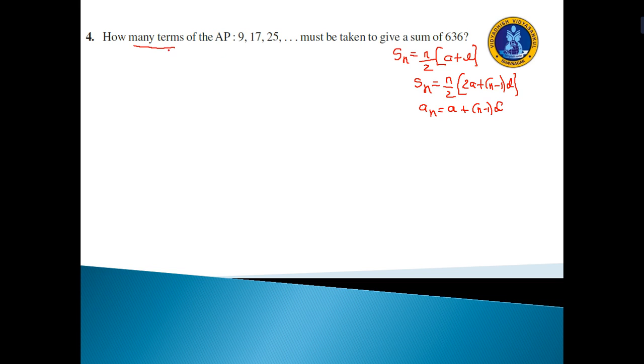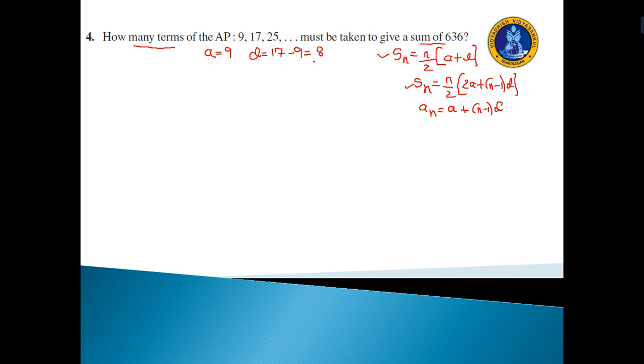But here, when the sum is given, either I have to use these two formulas. We have to select any one of these two formulas. So which formula do we select? This second one, because we want to find n. The arithmetic progression is given, so a is equal to 9 and d is equal to 17 minus 9, that is 8.